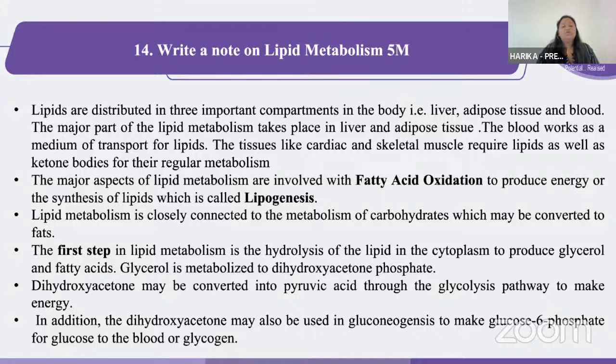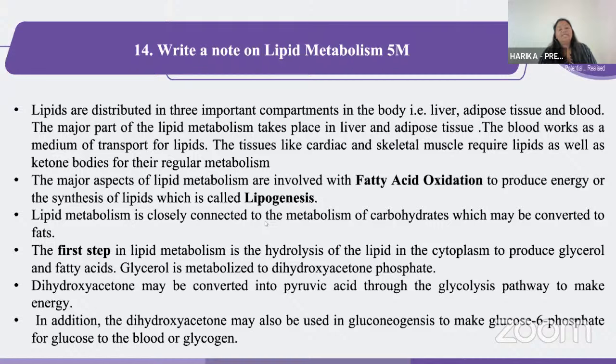Tissues like cardiac and skeletal muscles require lipids and ketone bodies for their metabolism. The major aspects of lipid metabolism involve fatty acid oxidation, which produces energy, and lipid synthesis, which is called lipogenesis.